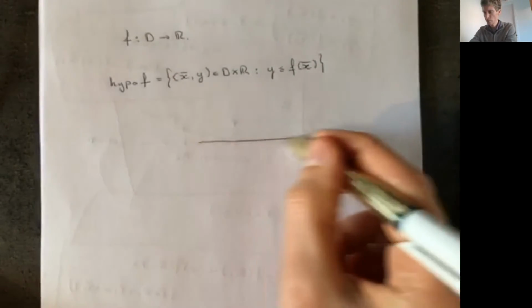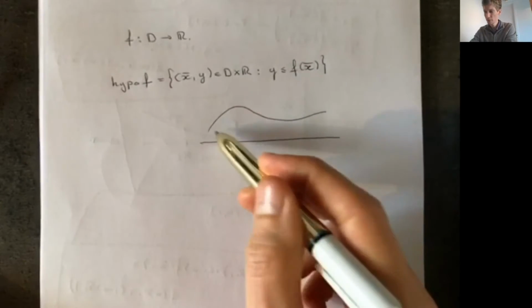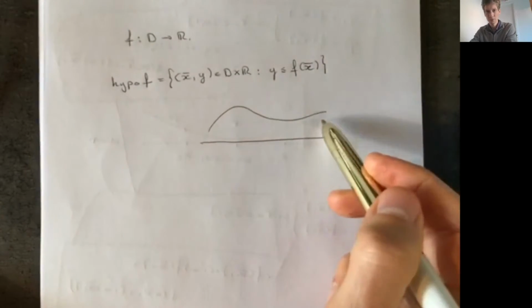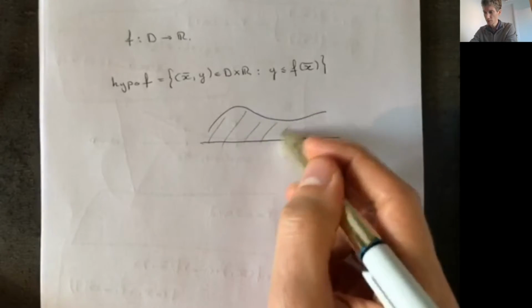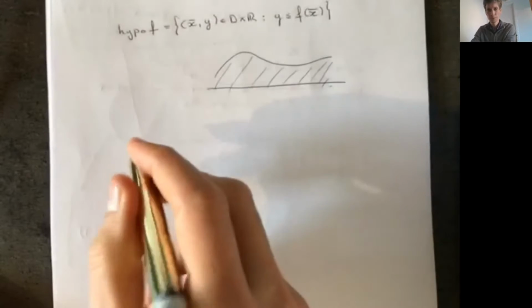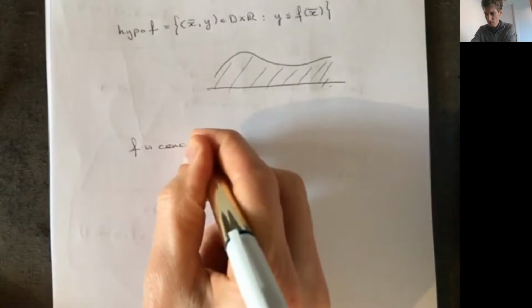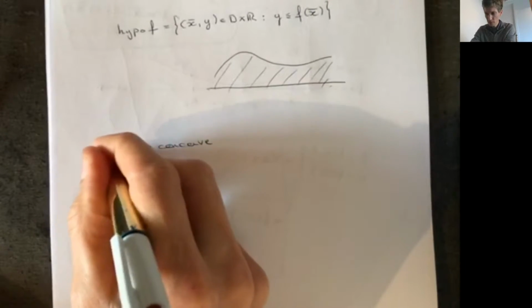Okay, so if I draw it, it's just the reverse. The epigraph was everything above. The hypograph is all points that are below the function. And then we say that f is concave, this is the definition.